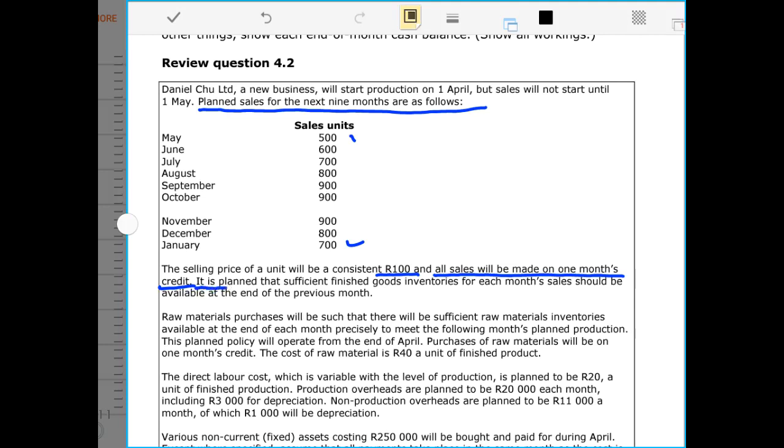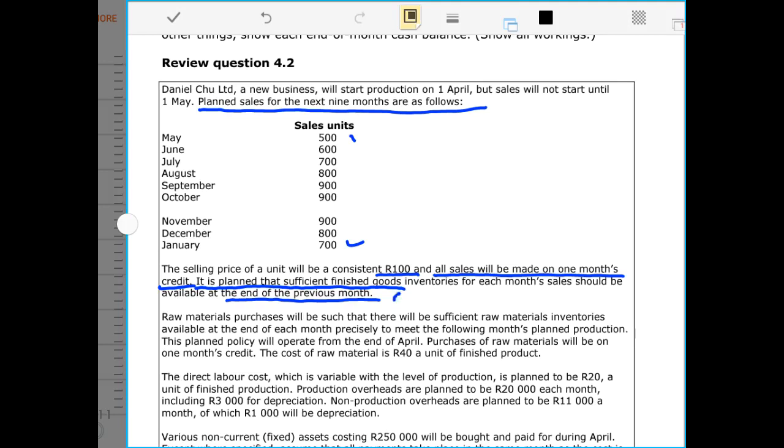It is planned that sufficient finished goods inventories for each month's sales should be available at the end of the previous month. It is a very important sentence. So now it means closing inventory is equal to sales of the next month.